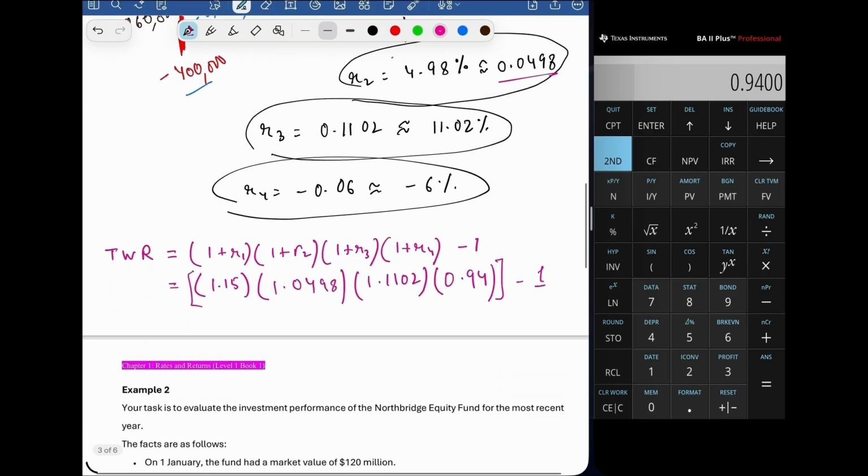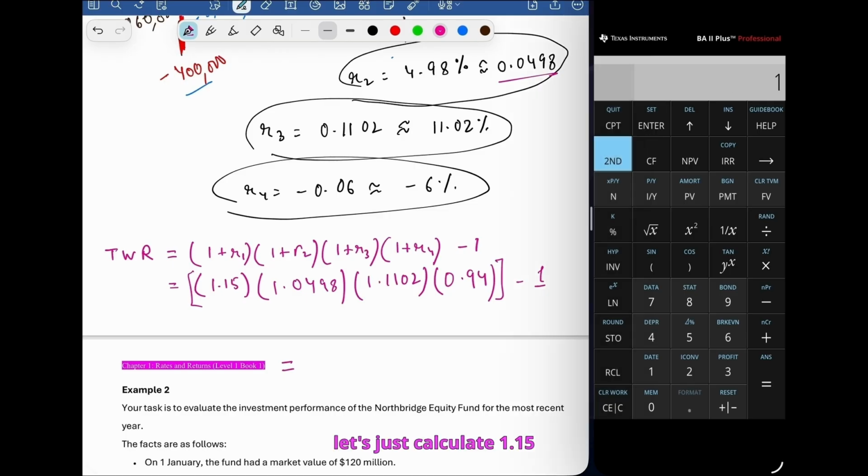So if I multiply all these, let's just calculate 1.15 into 1.0498 into 1.1102 into 0.94. This is coming out to be this, and lastly minus 1.